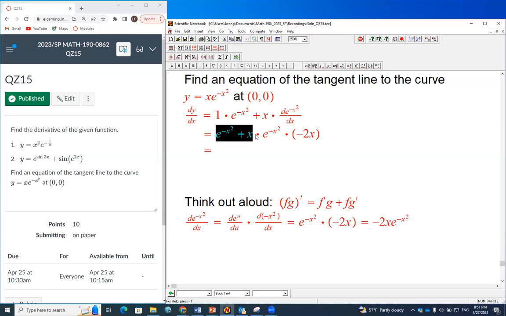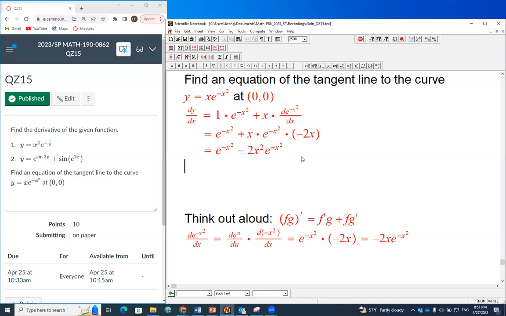We got the first piece, we don't have to do anything, plus x times negative 2x, that's going to be negative 2x squared, and then e to the power negative x squared. You can write it in product form if you like, okay? So that's factored out. So you're going to have 1 minus 2x squared. That's it. The derivative is found.